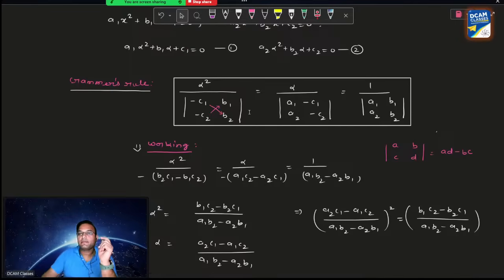When your coefficient is alpha square, you have to take a1 a2 minus c1 c2 and b1 b2. When alpha is there, you have to remove b1 b2 and use a1 a2 minus c1 c2.